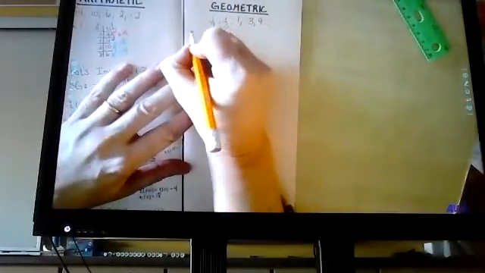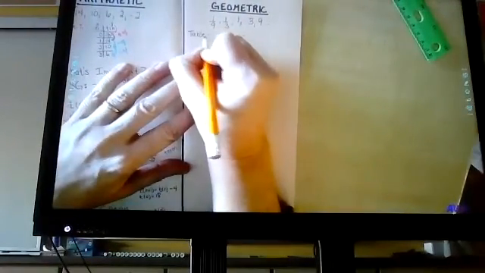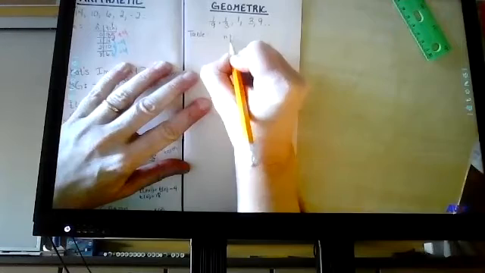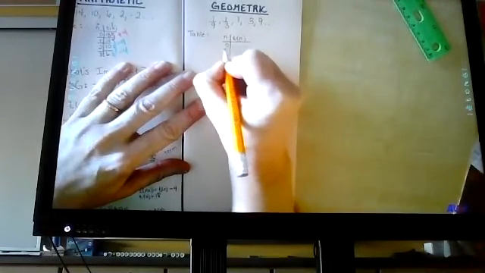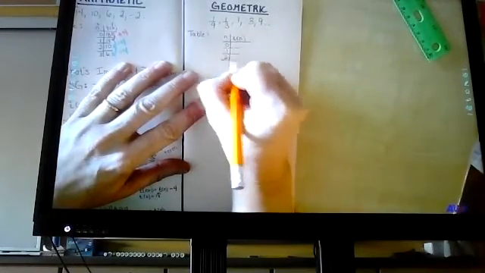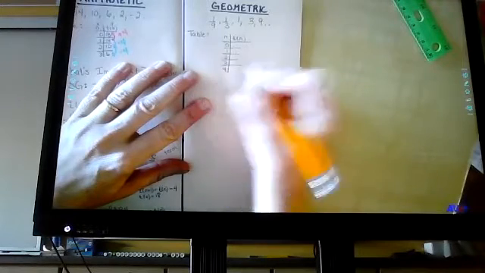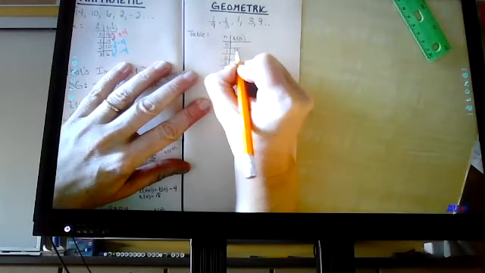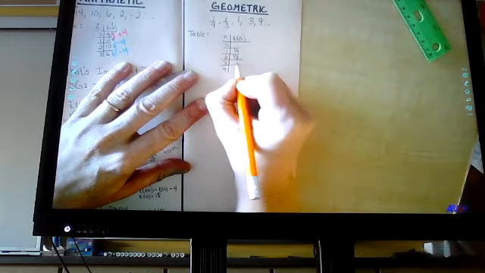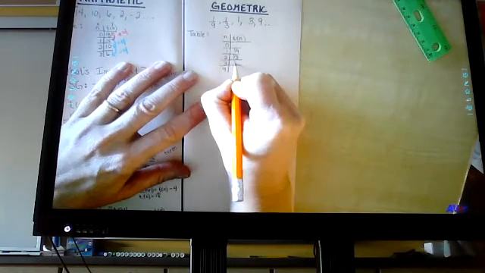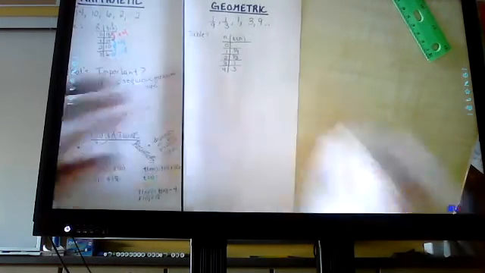The next thing that you're going to be able to do is exactly what we did before: put this into a table format. So I have n, T of n, I have 0, 1, 2, 3, 4, and so on. The first term in my sequence is 1/9. The second term is 1/3. Then I have 1, and then I have 3.